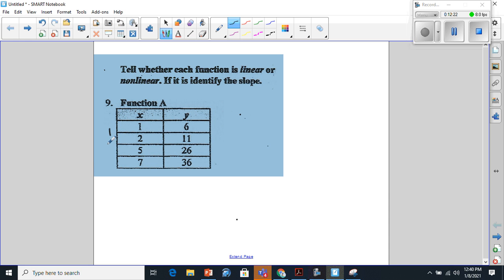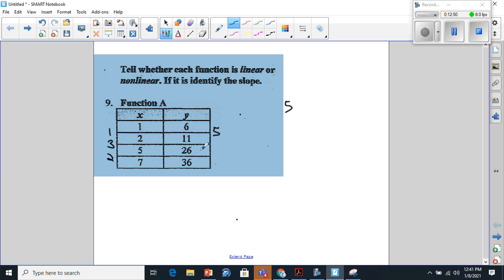But from 2 to 5, there's a difference of 3. From 5 to 7, there's a difference of 2. Now over here, from 6 to 11, there's a difference of 5. So my first two coordinates are telling me that this is going to be a slope of 5. In other words, it's going to go up 5 and over 1.